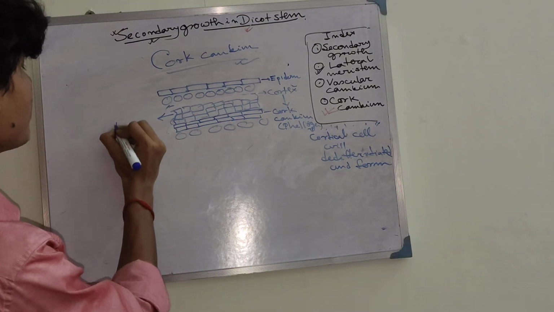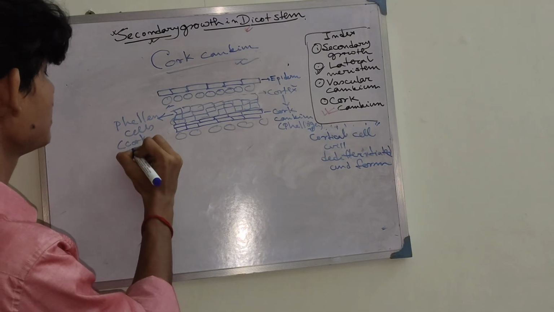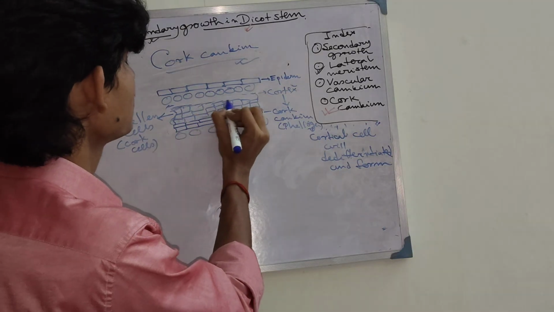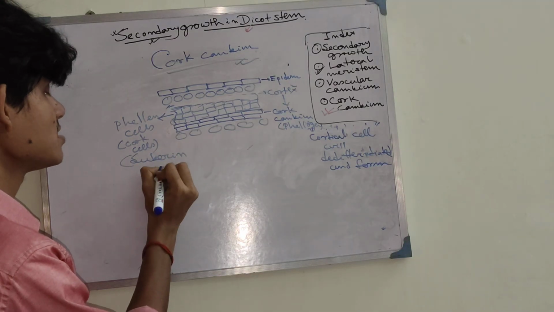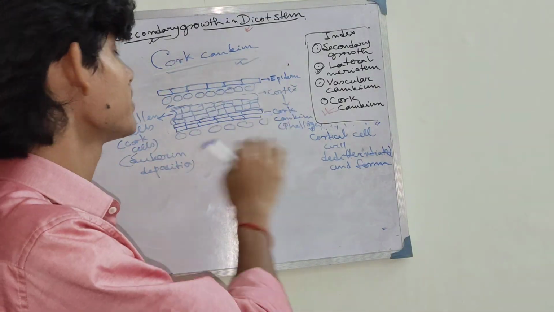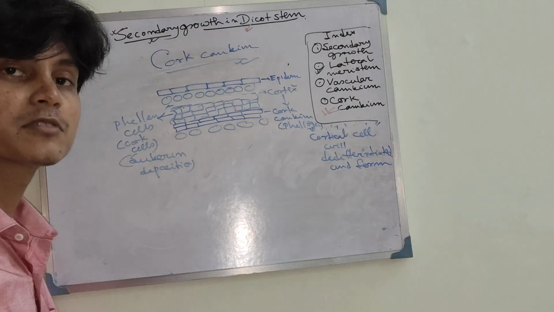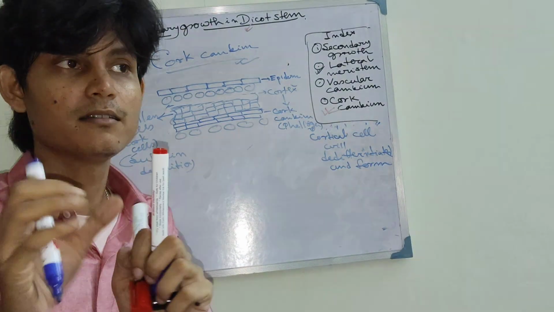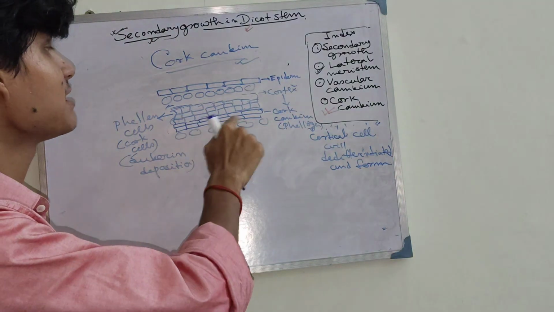These are popularly known as cork cells. They are impervious to water because of suberin deposition. So the cork cambium will produce towards the periphery phellem cells, or cork cells, which have suberin deposition and are impervious to water. The cork that we use in some medicinal bottles is produced by this cork cambium.